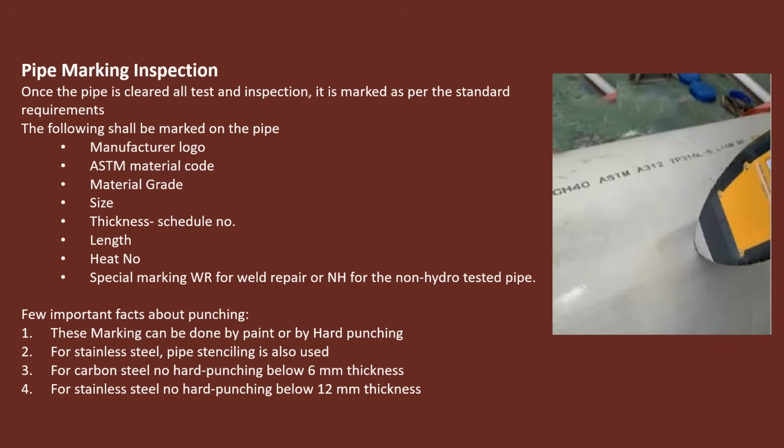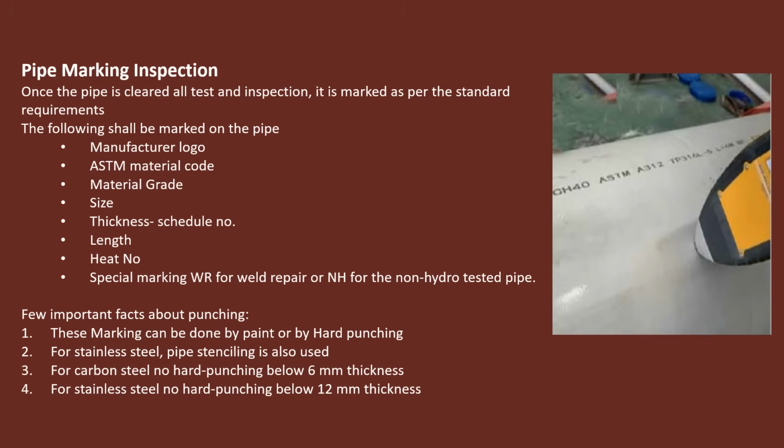Then the second thing is that marking can be done by paint or by hard punching. There are two methods so that anybody can see what is marked. For stainless steel, sometimes we go for pipe stenciling. But when we are thinking about hard punching, we need to remember that there may be an impact on the pipe thickness.